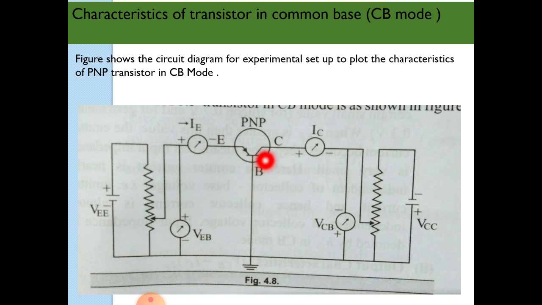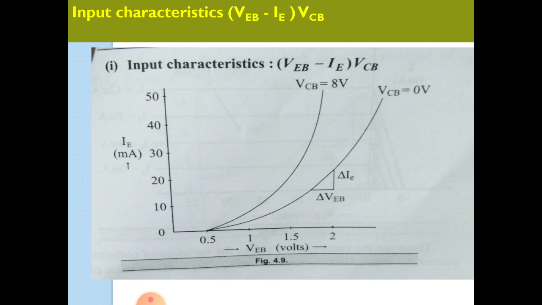Then this input current is transferred toward the collector region, where it becomes the output current towards the output circuit. Okay, and during this performance we get these types of curves.